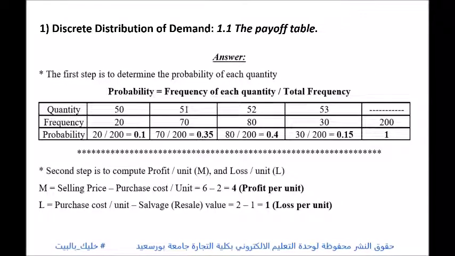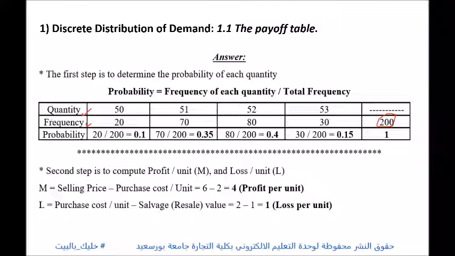The answer of this. The first step, we should calculate probability. You have quantity, as you can see, and the frequency. The total of frequency here is 200 units, so probability will be equal to 20 over 200, which is 0.1, 70 over 200 is 0.35, and so on.